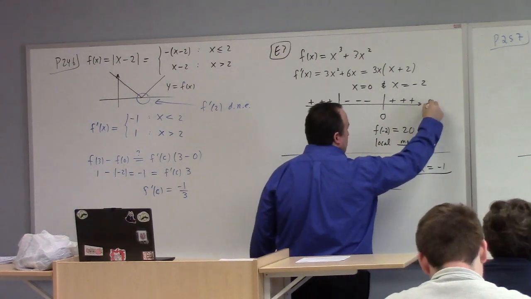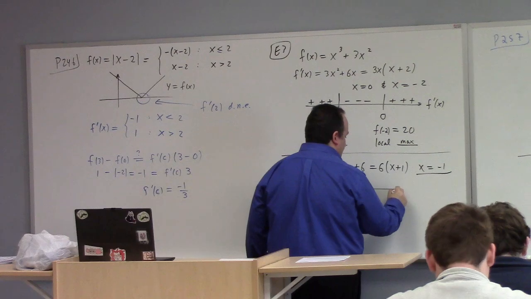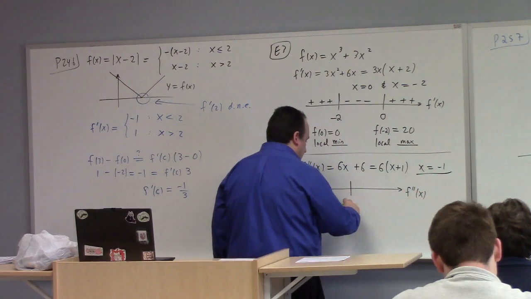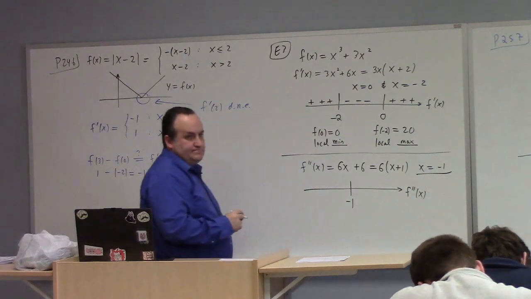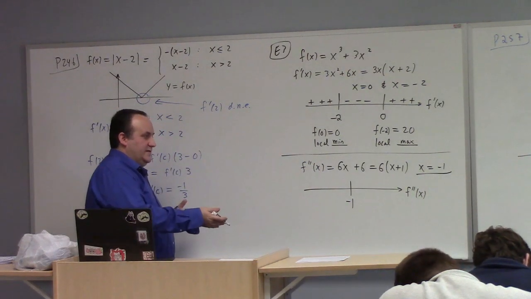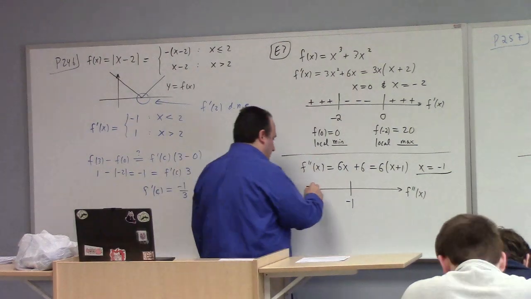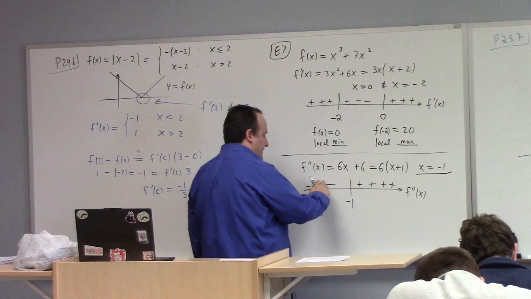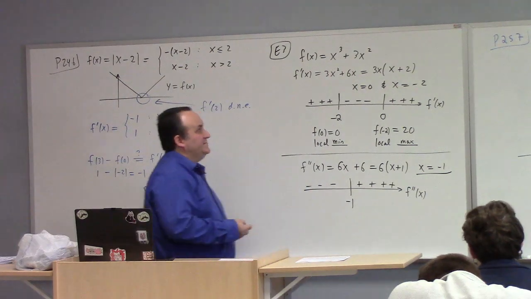By the way, I should have labeled this. It's important to label your number lines because we've got multiple number lines in this analysis, so you need to know which one's which. Negative over here, positive over here. So yes, we have a point of inflection at minus 1.